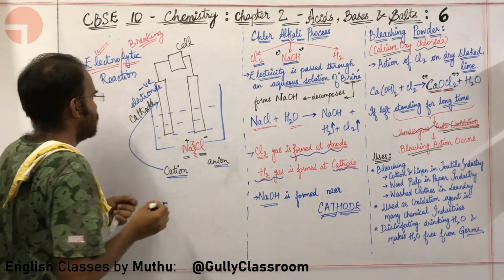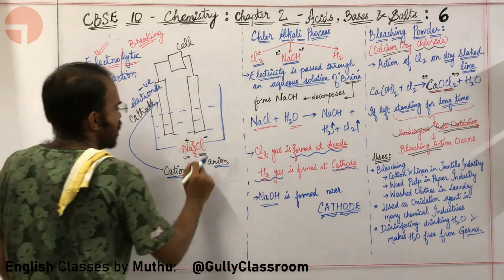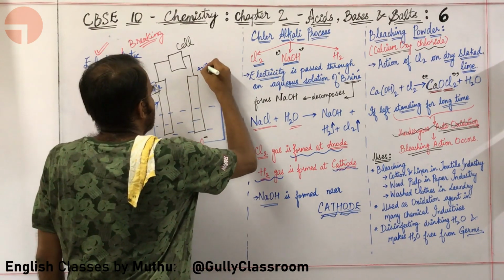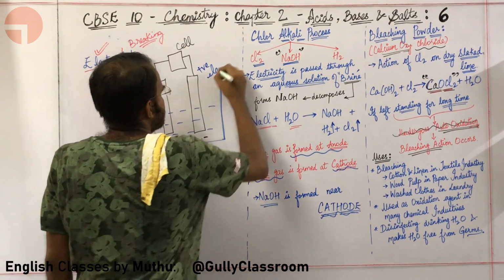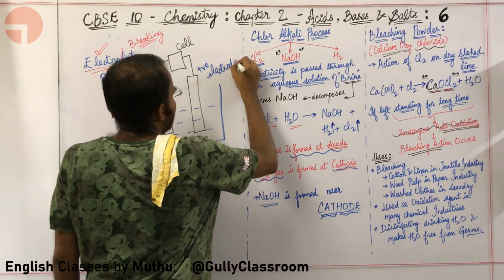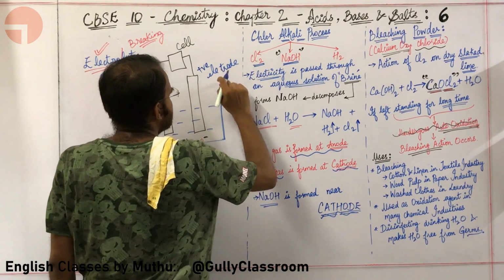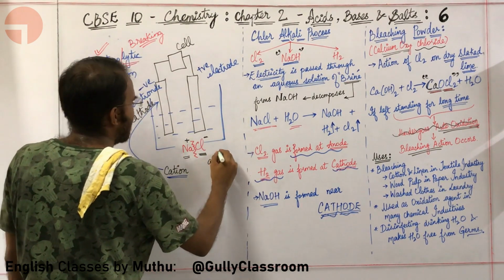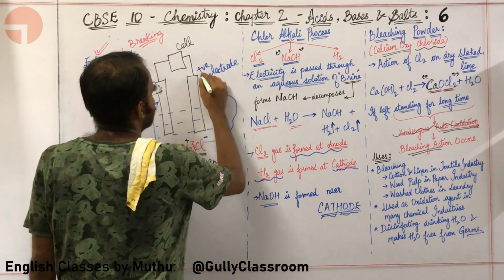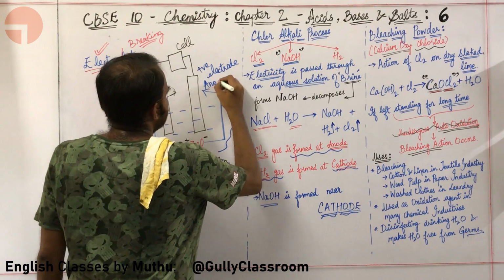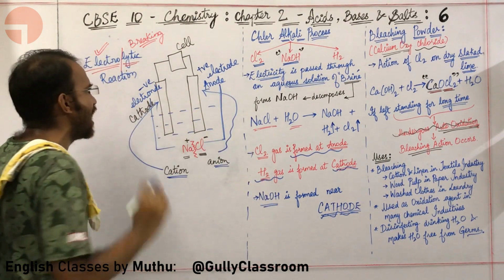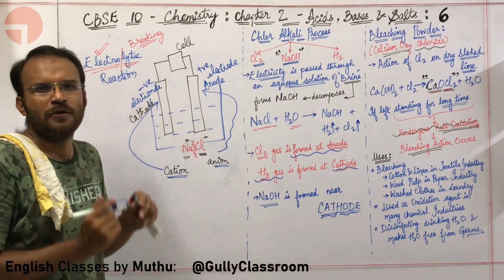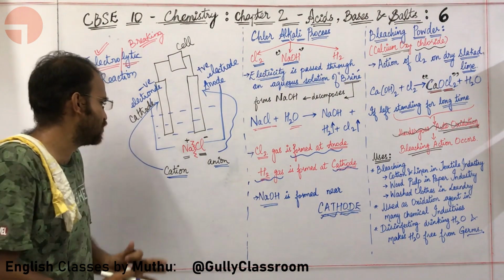Similarly, let me look at anion. Anion is negative, so it will be attracted by the positive electrode, which is the anode. Listen to this carefully. Students often get confused here.